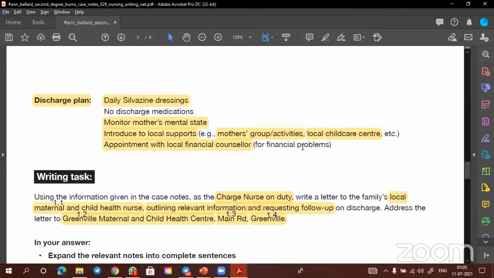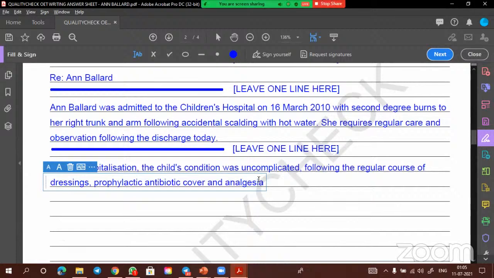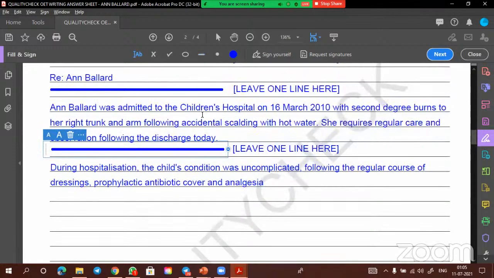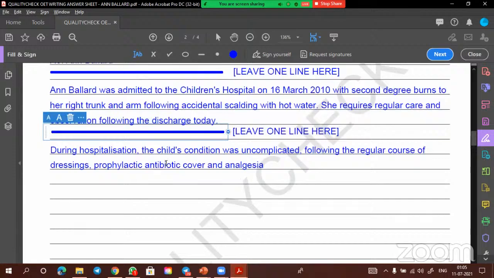Right. Now, next we'll go to follow-up activity. So this is discharge plan. So before admission, first introduction is regarding admission. Second one is admission and hospitalization.